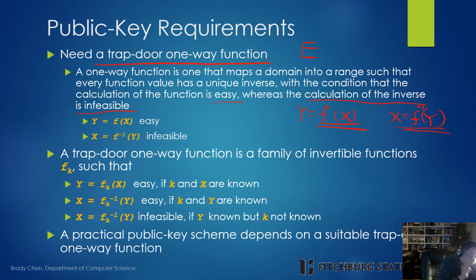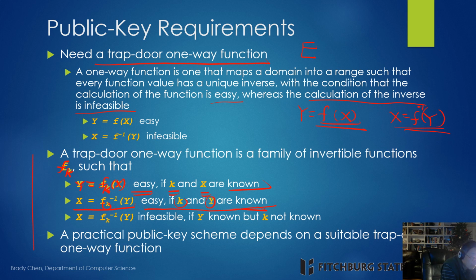In this particular case, like an encryption algorithm, we can define a function f and also a key k. So you can easily calculate f_k of x. The function f and the original variable combined with the key make it easy to calculate y, if k and x are known. The opposite should also be easy if k and y are known.